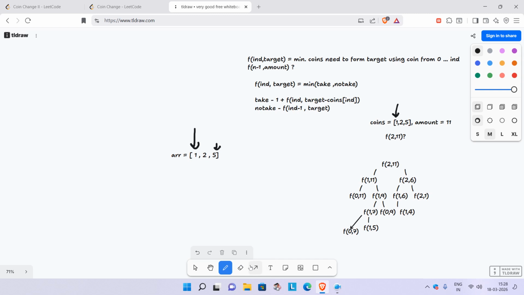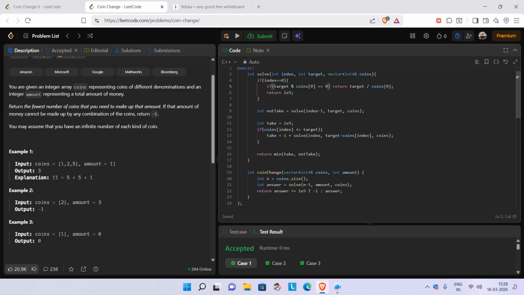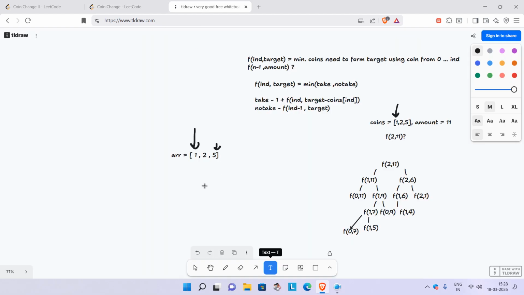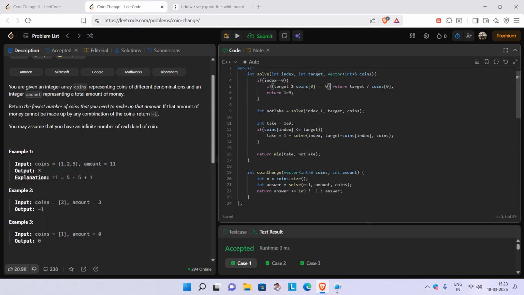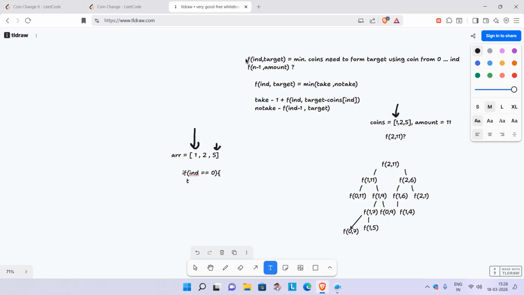Now let's see in what condition we have to take that part. Let's say the target remaining is something. I'm talking about the sum of the test case.